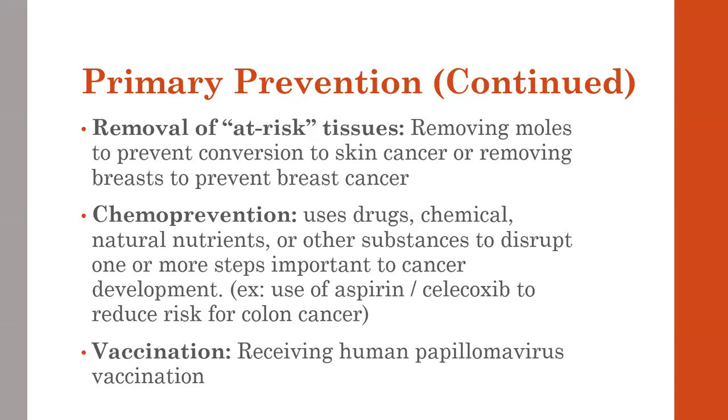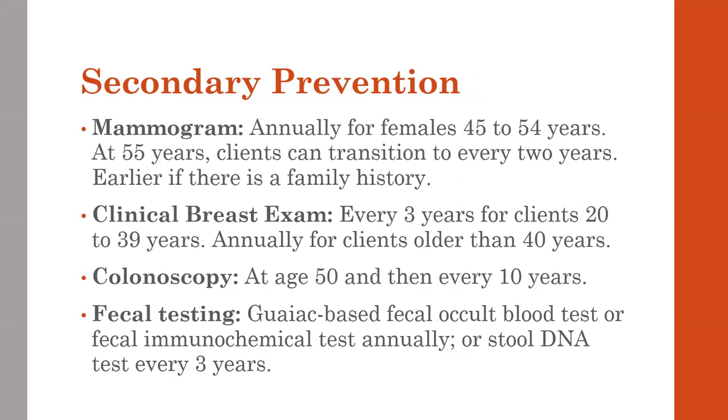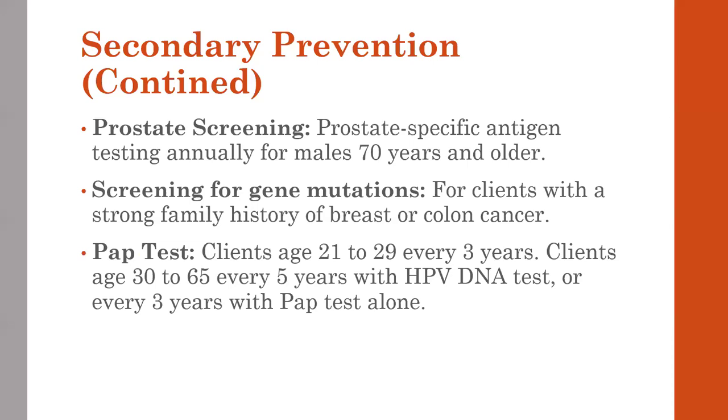Secondary prevention, we want early recognition of the disease, early treatment, early identification. So secondary prevention would be things like mammography, colonoscopy, doing fecal testing, checking for blood within the stool, doing routine prostate screenings, doing screenings for genetic mutations, doing pap smears.